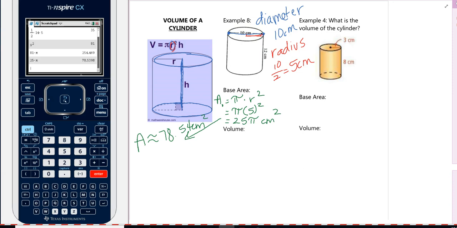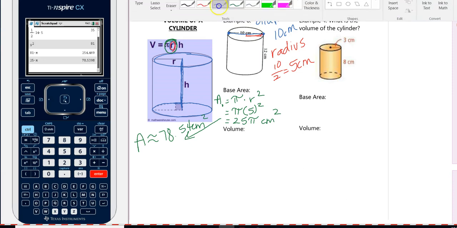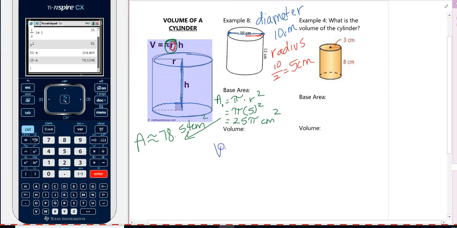With our volume, notice that our volume still has that pi r squared, right? This is the area formula, but now we have to multiply it by the height. So this is going to be pi r squared times our height. The good part is that our pi r squared we already solved, right?